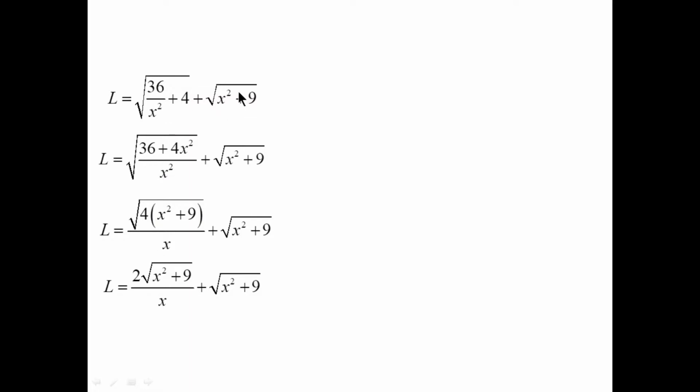We could start right away by differentiating this, but it just seems easier to process it a bit. Add the fractions, take root of top and bottom. That takes the square root off the x. And so take the 4 out, we have 2 here. And you can see that it's maybe getting ready a little bit to differentiate. Turn those root signs into brackets with exponents on them.